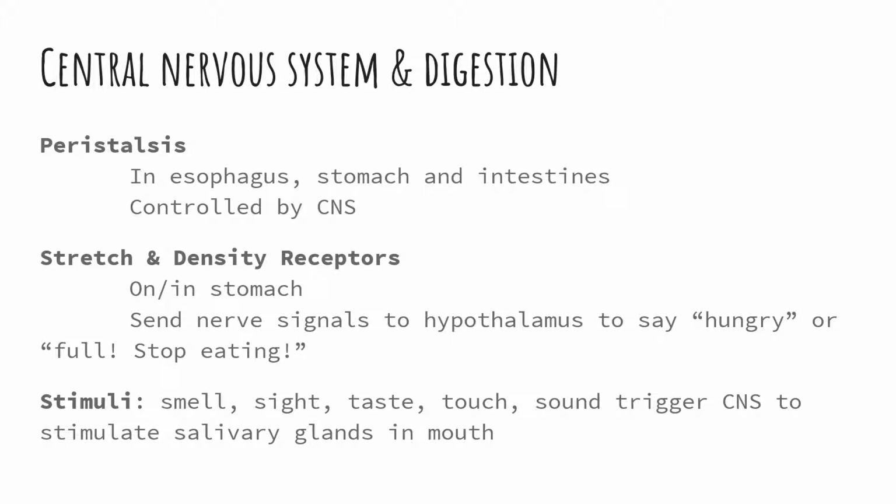Usually as they become stretched and filled up, the signal is, okay, we're full, we're at capacity, please stop eating. Similarly on the other side, if we haven't eaten for 12 or 24 hours or whatever, when we feel hungry, that's because the stomach has decreased to such a small size that these stretch and density receptors are saying, okay, we're super empty, we're not stretched at all, we're hungry, please feed us.